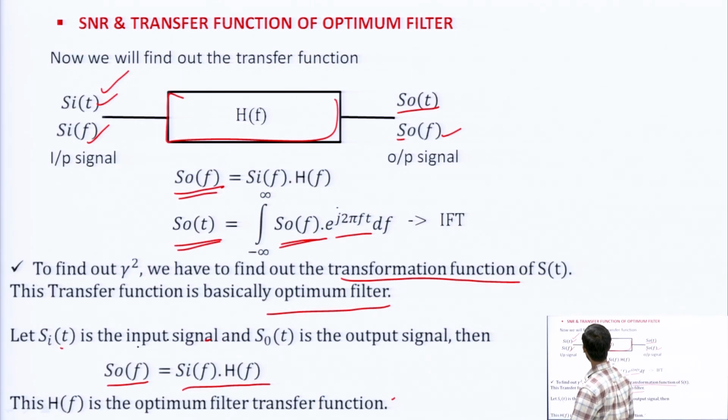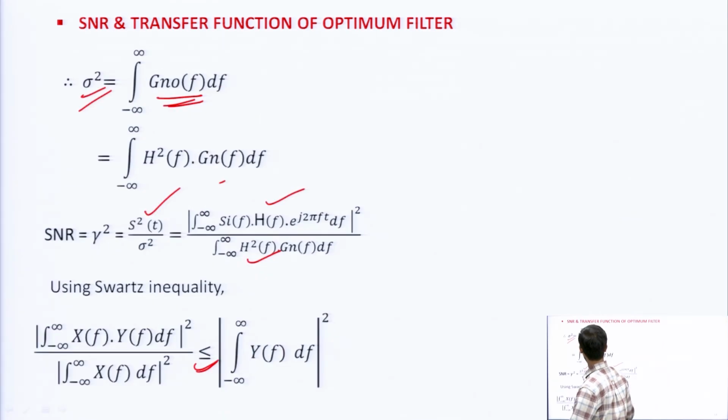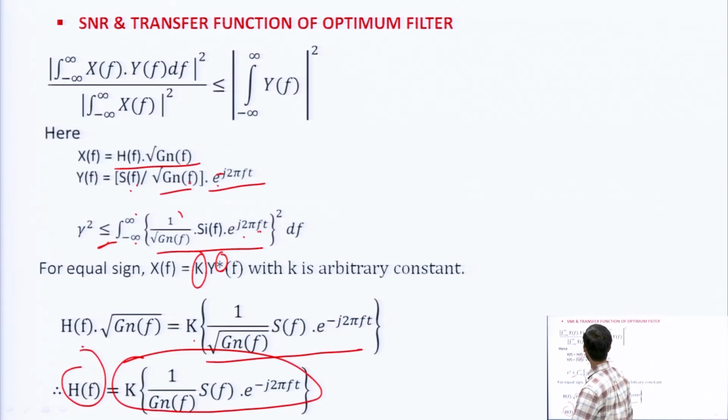We have calculated the S square t, we have calculated the sigma square, and now gamma square equals S square t divided by sigma square. Using the Schwarz inequality we have found this much for H(f), which is the transfer function.